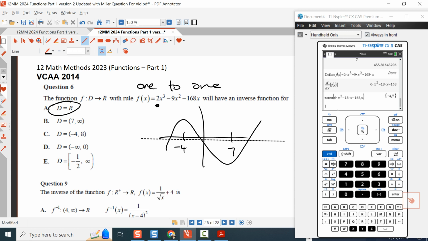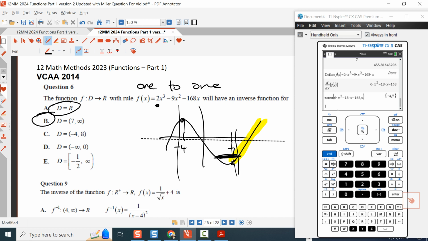So what about this one here, 7 to positive infinity? If we restrict it at the stationary point and onwards, we can see that that's a one-to-one function. So we've got a winner in B. And if we look at -4 to 8, if I restrict it there, we can see it'll produce 2 of the same y value there.